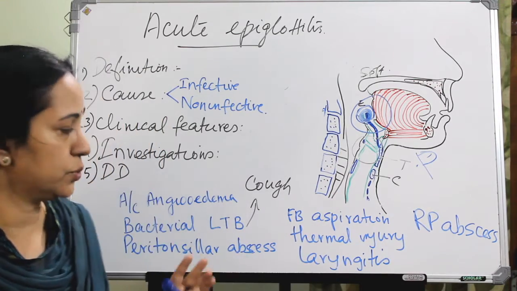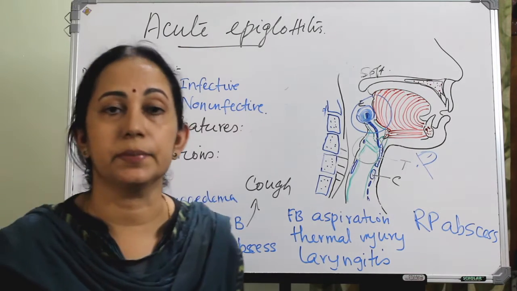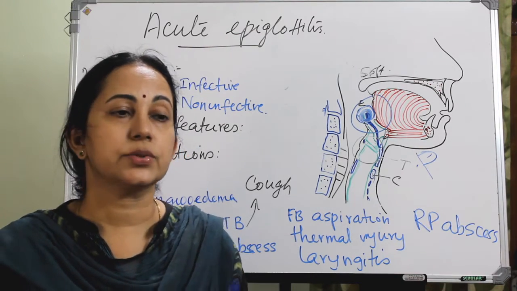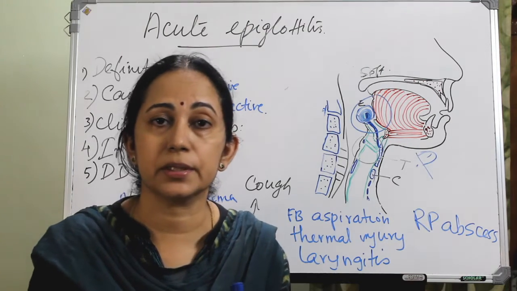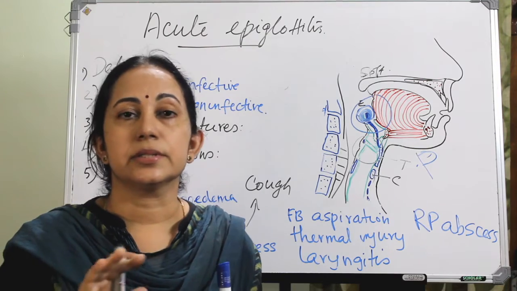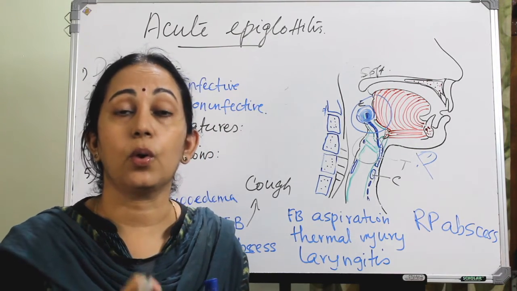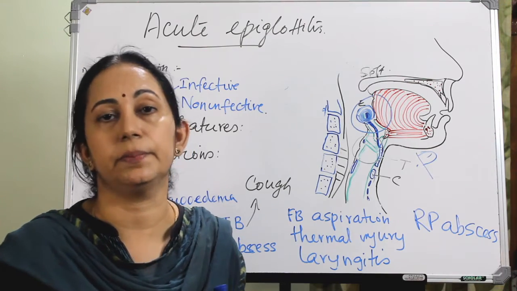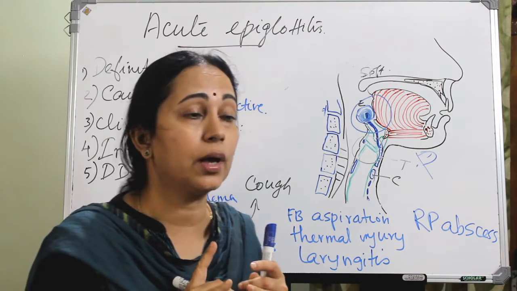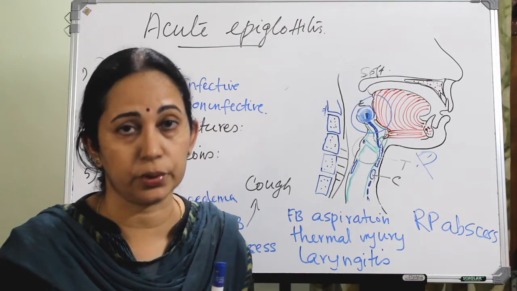Next, coming to treatment. Okay, how will you treat a case of acute epiglottitis? In a suspected or a diagnosed case of epiglottitis, never send the patient back home. Put the patient in observation or admit the patient. Observation for a minimum of 24 hours is a must in a case of acute epiglottitis.